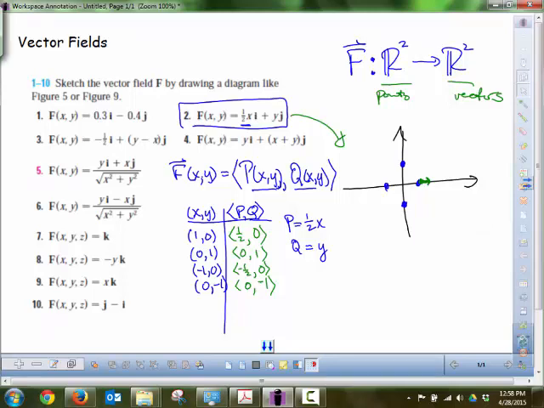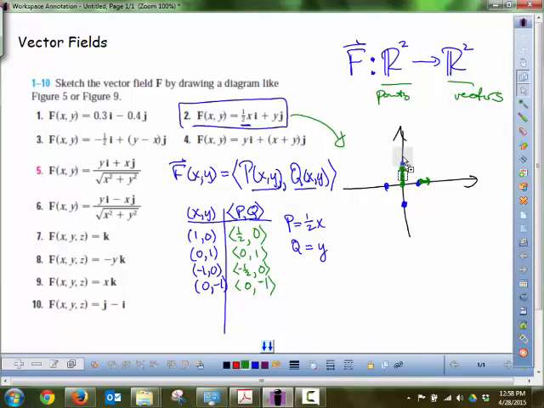All right, let's take a look at the next one. 1, 0, 1, 0. Again, I'm going to draw the vector in standard position, and I'll move it. I just draw it in standard position because it helps me to actually draw the vector, and then I'll move it to where I want it to go.